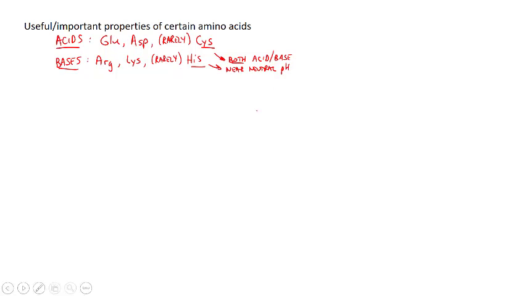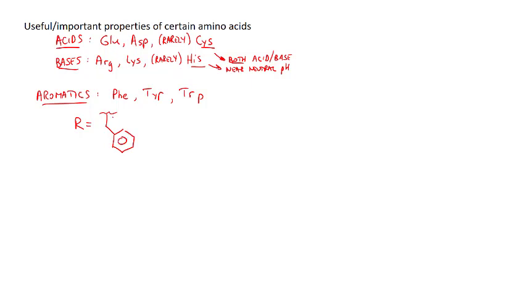But there are some other useful and important properties of certain amino acids as well. We've also got the aromatics. The aromatics are phenylalanine, tyrosine, and tryptophan. So for those, what does our R group look like? For phenylalanine, it's a phenyl ring on a CH2, so it's benzyl.